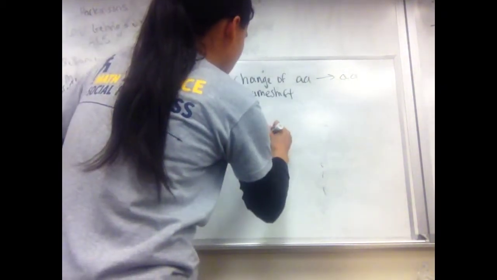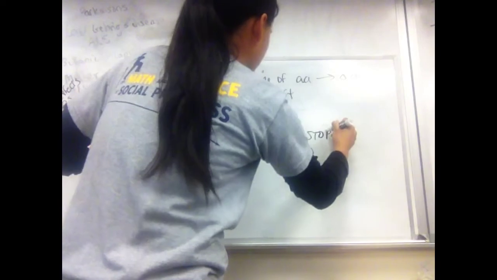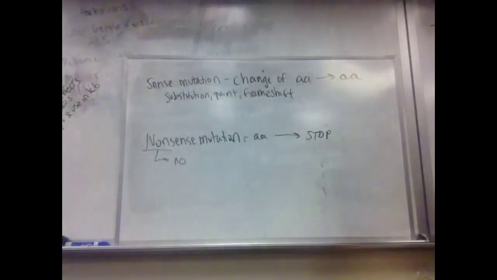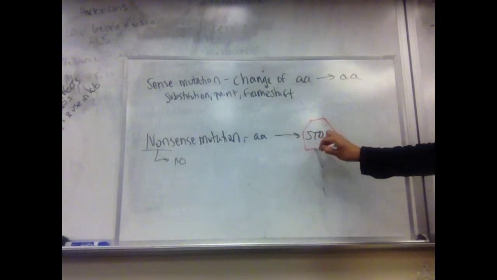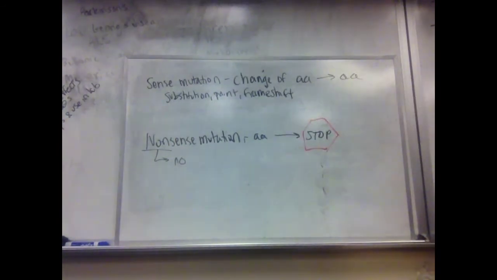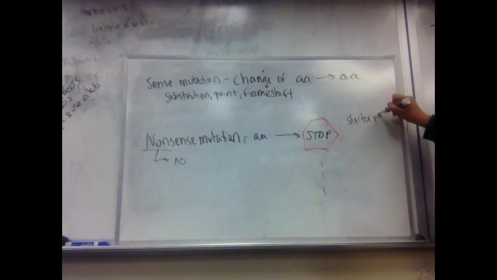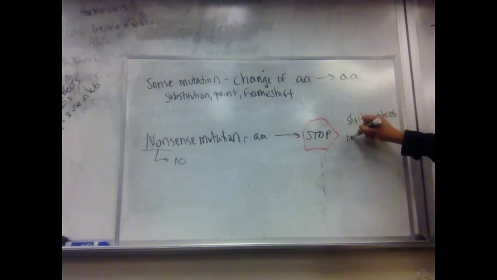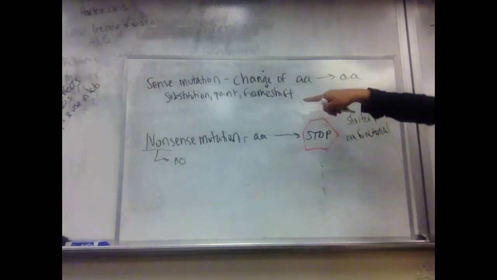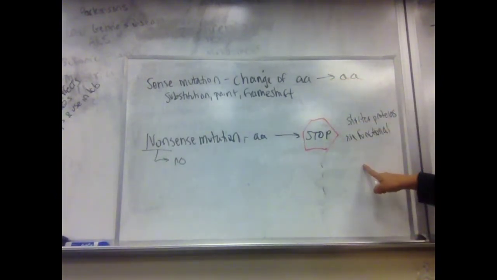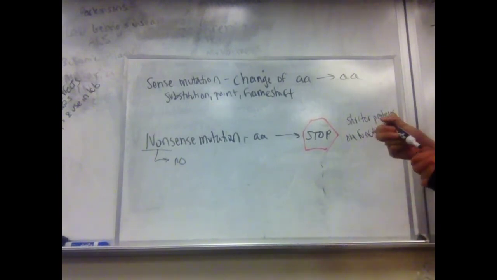We're going from an amino acid to a stop codon. So a stop codon causes the DNA to stop being transcribed or translated. So instead of it being an amino acid, we now have a stop codon, and this creates issues because it creates things like shorter proteins that are non-functional. So in terms of which mutation would be the most dangerous, we would have things like frame shifts followed by nonsense, because now you don't have a protein at all. That protein is now missing, which can create major problems.